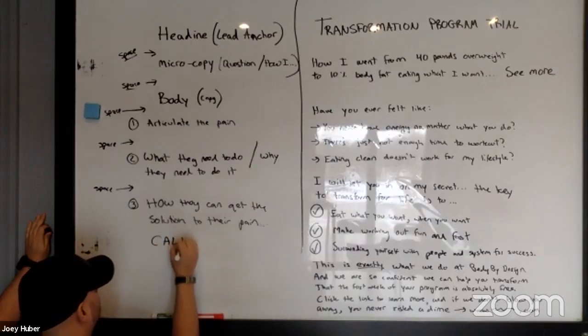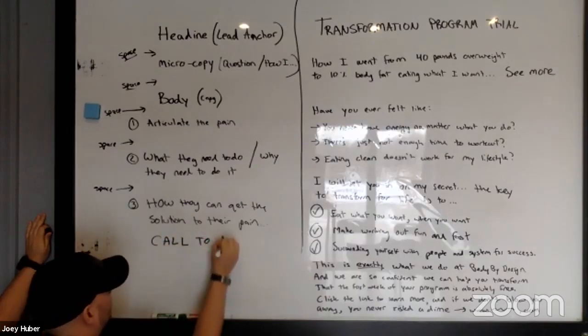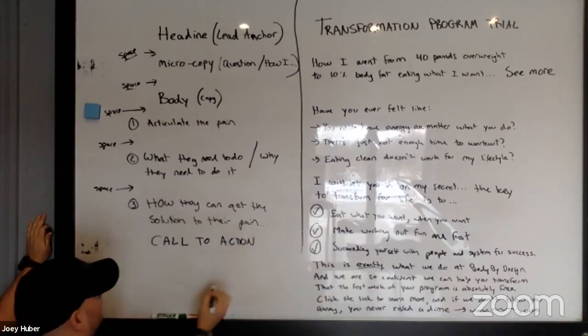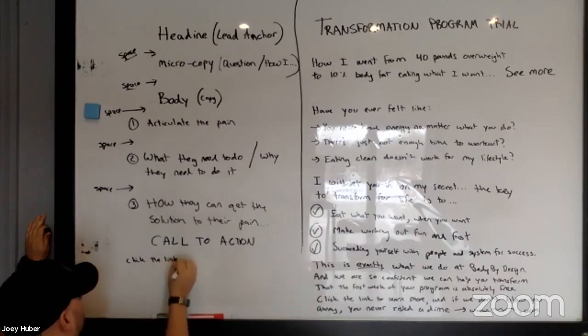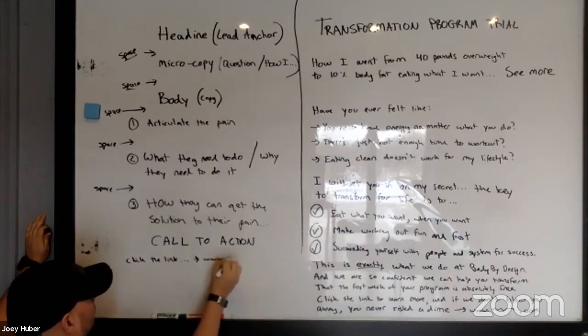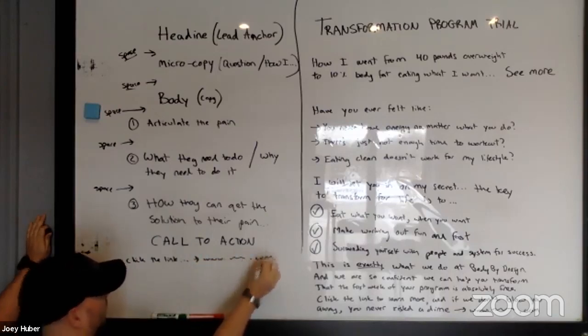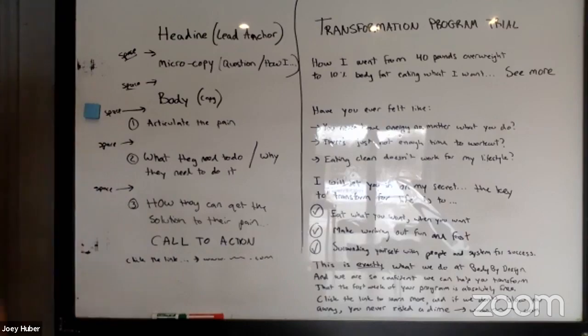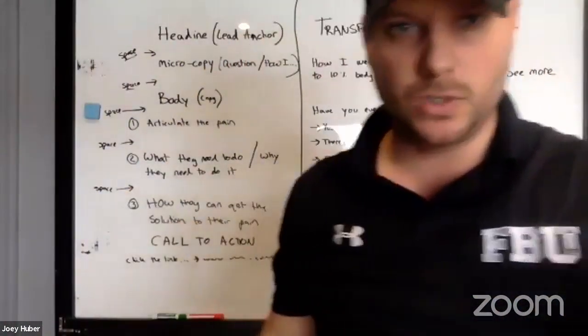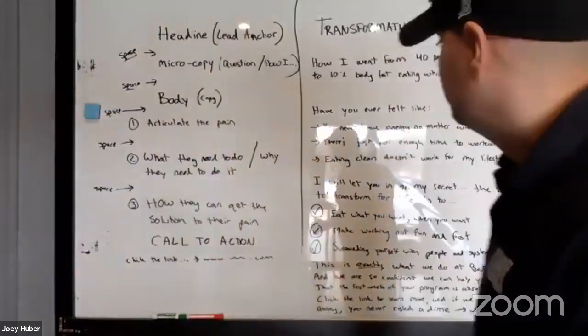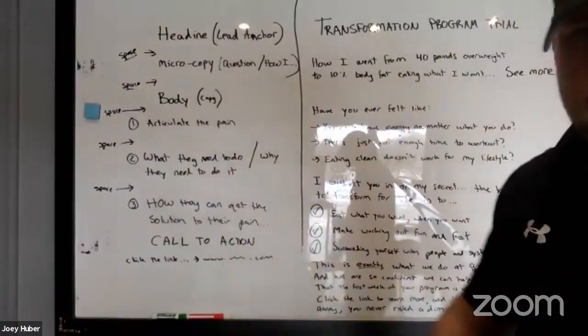And that is your, click the link, www.com. Okay, always put that call to action in there. Don't forget to put your call to action in because yes, there's a little learn more button. Some people don't click it. So put that call to action in, okay? This is how you can write copy effectively.